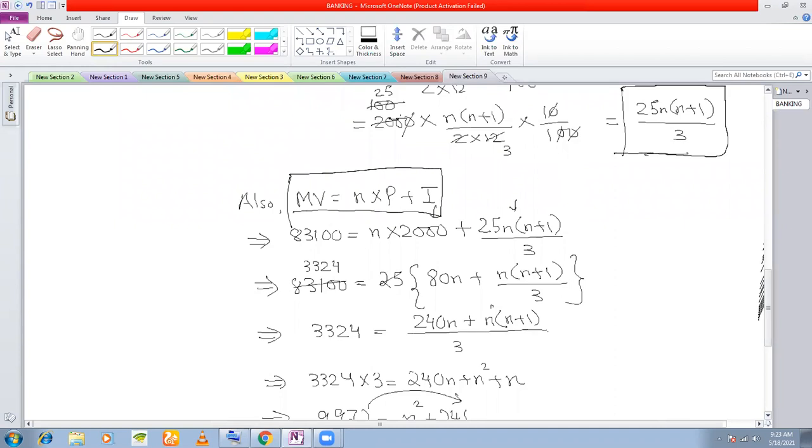It's just like in simple interest, when the amount is given to you, you first find out the simple interest and then put it in the simple interest formula. Or you first find out the simple interest and then you come to the amount. This problem is very similar to that kind.